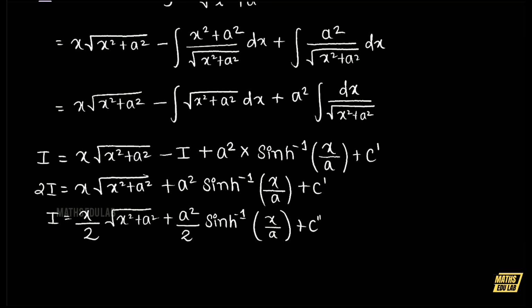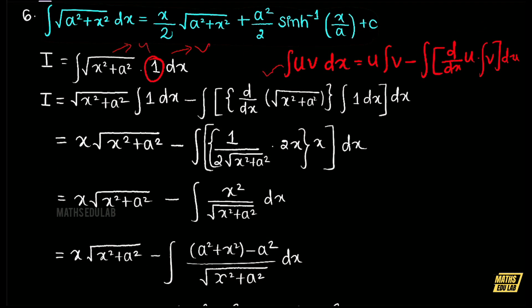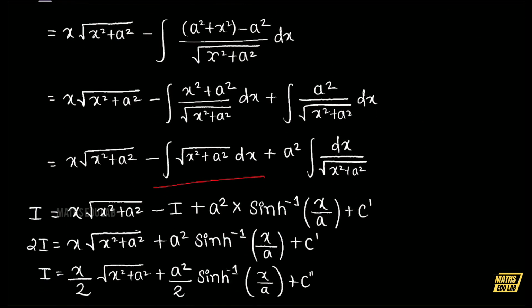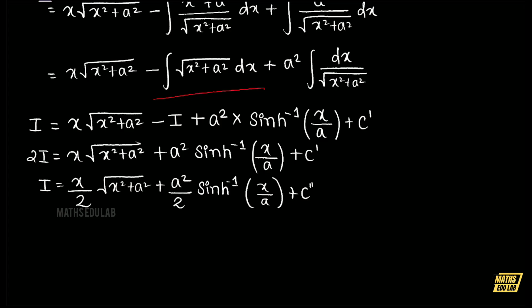Then I is equals to, so this is the part of I. If you see the formula, as I have taken I is equals to integration of root over x square plus a square 1 into dx. So I have taken this part as I plus a square into sinh inverse x upon a plus c, a constant value.